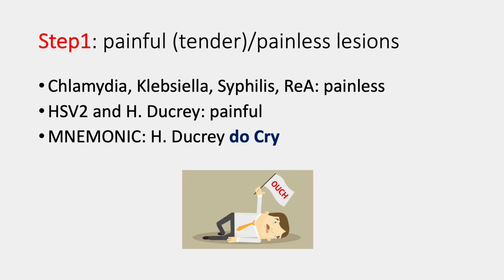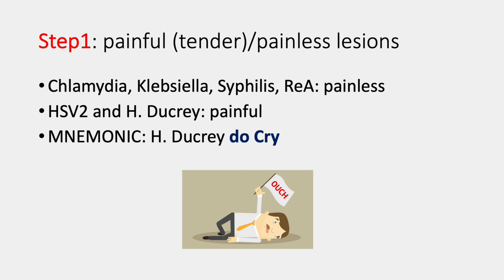So the easiest way to solve these kind of questions, in my opinion, is by working through an elimination process. The first step is to identify in the question stem if the patient has a painful or painless genital ulcer. And if the genital ulcer is painful, of course, it can be HSV-2 or Haemophilus ducreyi.